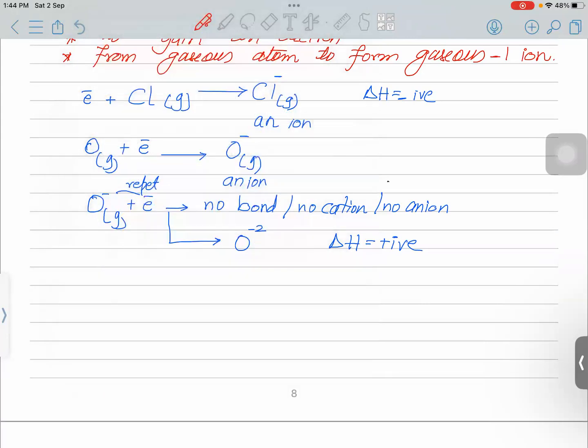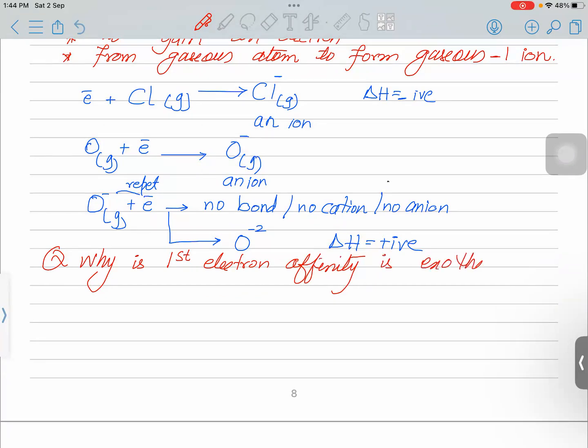Now the question is, why is the first electron affinity exothermic and the remaining, the second electron affinity, endothermic?